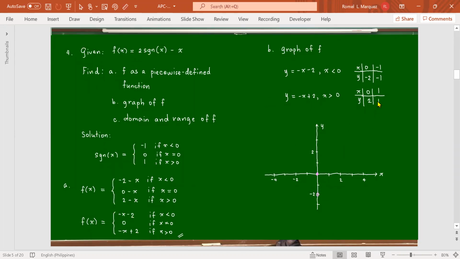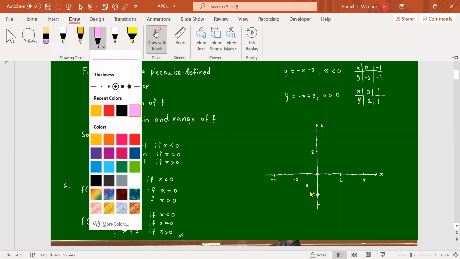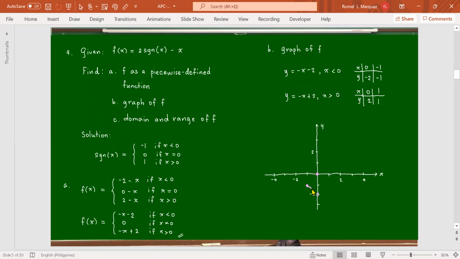Open here. What about negative 1, negative 1? So I get it here, and then I connect it to this hole. Okay, guys? So that's the graph. Now, it goes upward.